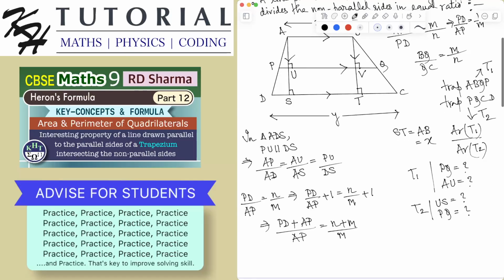Now what is PD plus AP? PD plus AP is nothing but AD.